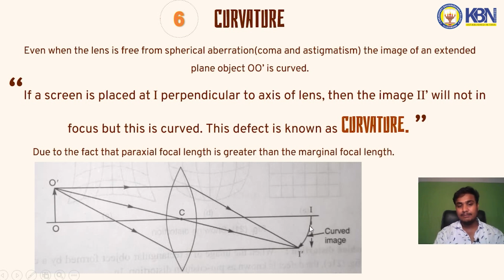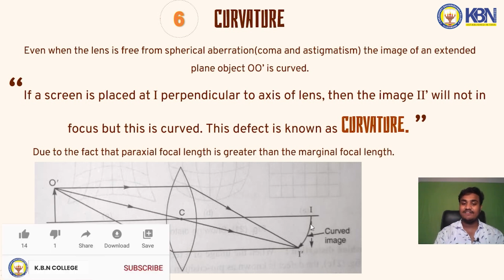If the screen is placed at I perpendicular to the axis of the lens, the image II dash will not be in focus, but curved. This defect is known as the curvature aberration.